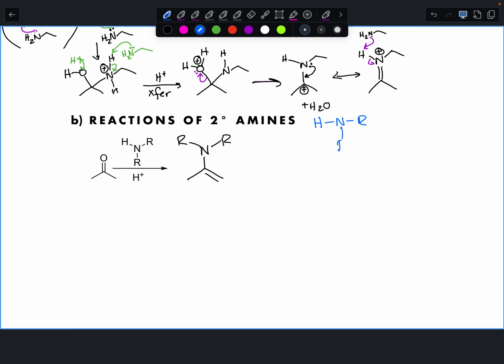We generate the benzoic acid as a byproduct. So this is the benzoic acid. We generated that benzoic acid right here. That was our leaving group. We also generated H3O plus, which is basically our catalyst being regenerated, which is H plus water.